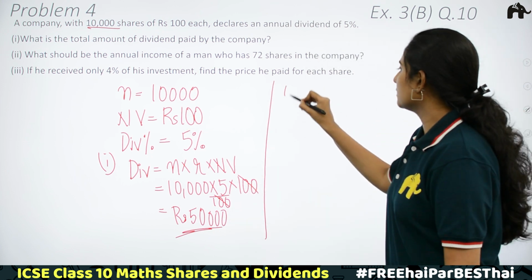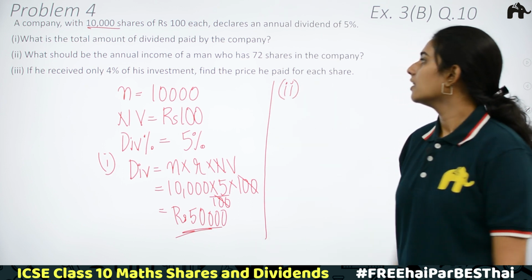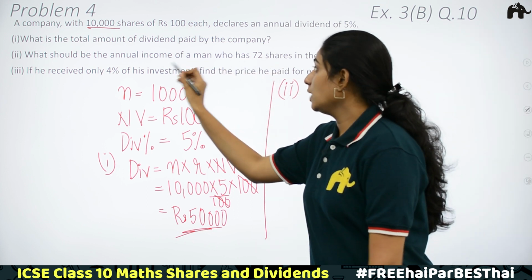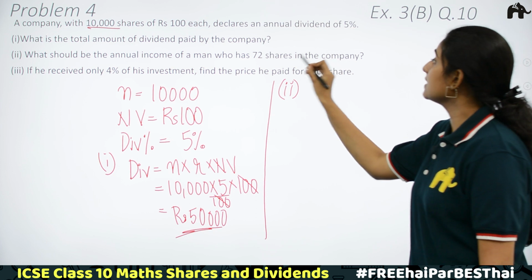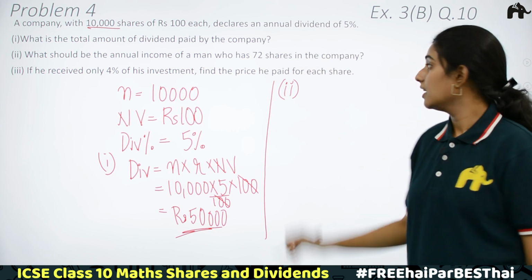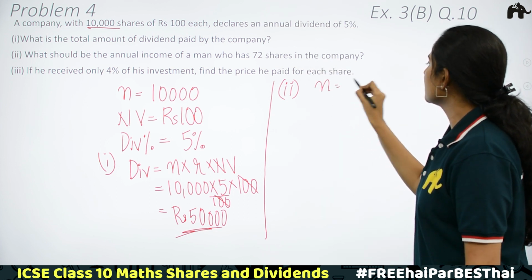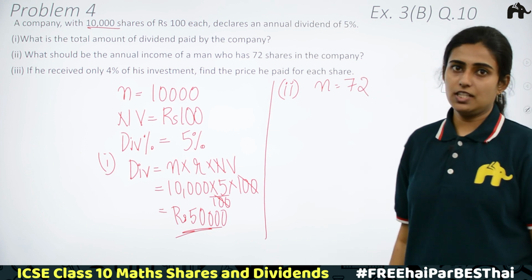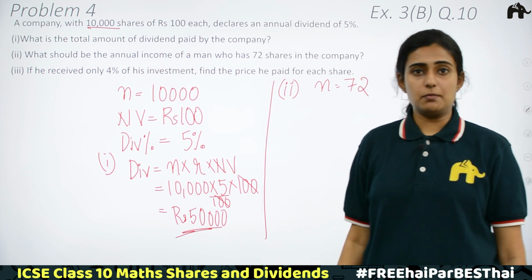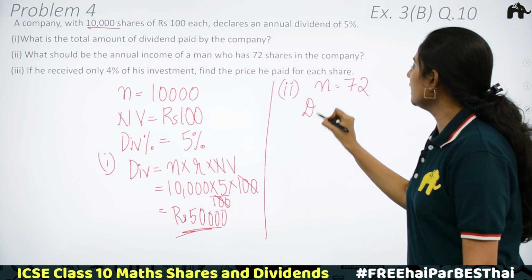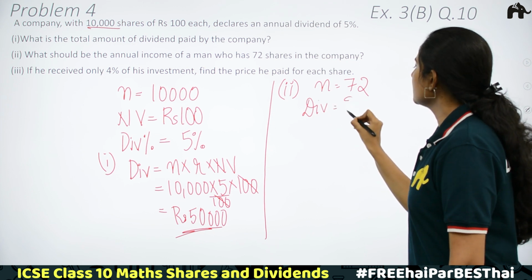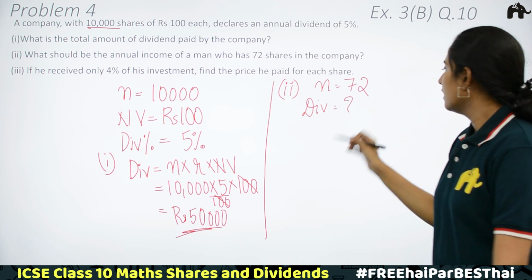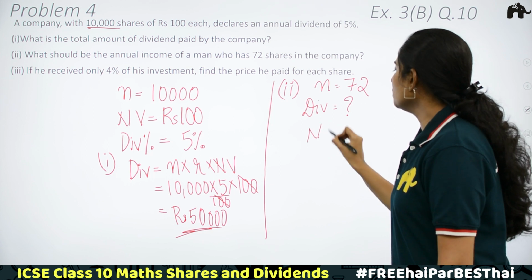Now the second part. What should be the annual income of a man who has 72 shares in the company? Here the value of N is 72. Annual income, which means we have to find dividend in this case also. What is the nominal value?